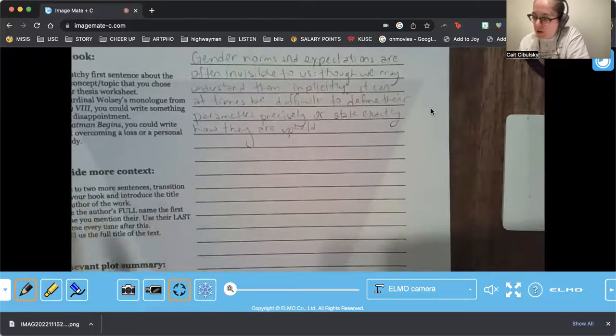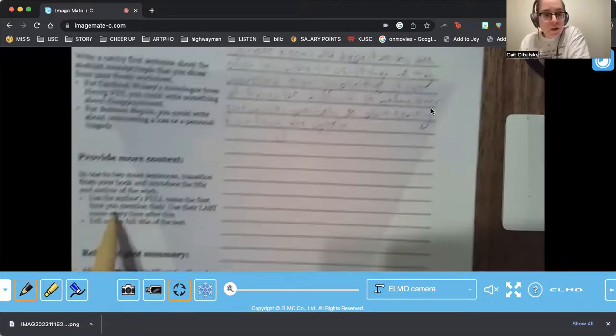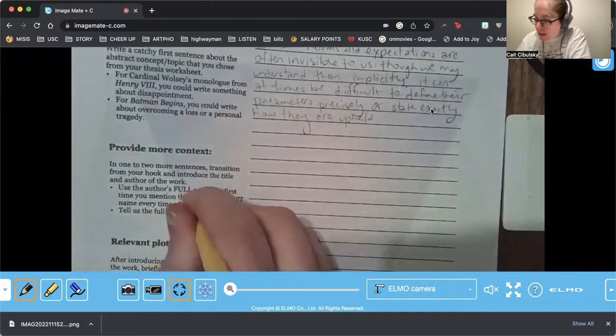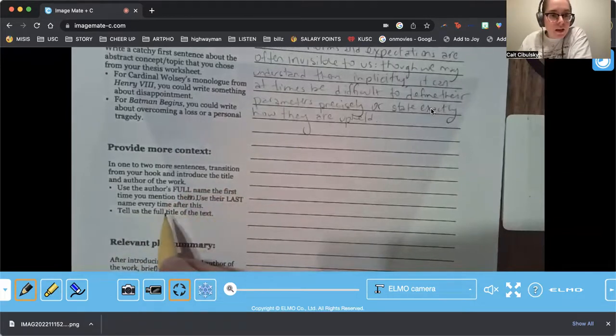Okay, it says provide more context in 1 to 2 more sentences, transition from your hook and introduce the title and author of the work. Use the author's full name the first time you mention them. Look at that typo, Sobolski, what are you doing? Use their last name every time after this. Tell us the full title of the text.